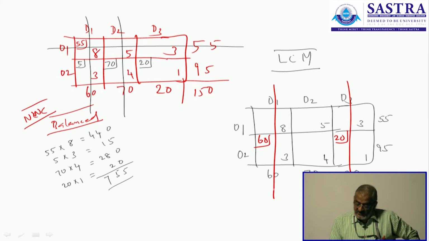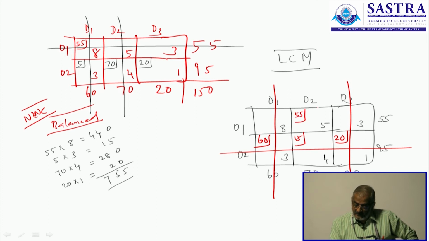Then the next least cost is 4, where the demand is 70 but the supply is 95 minus 80, which is 15 units only, so 15 units can be supplied, and the supply is over, 75 plus 20, 95. Now the further demand is 70 minus 15, which is 55, so all the 55 can be supplied, so 55 plus 15 is 70.